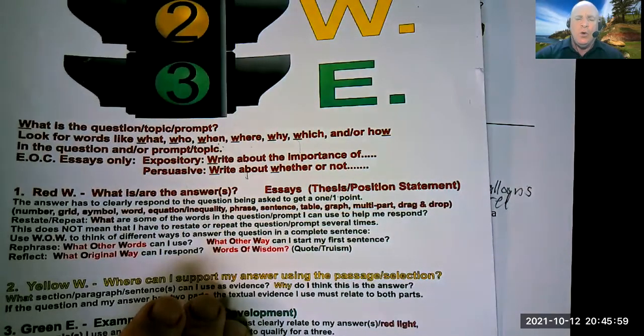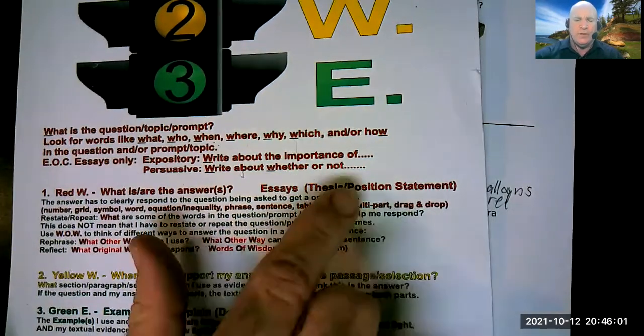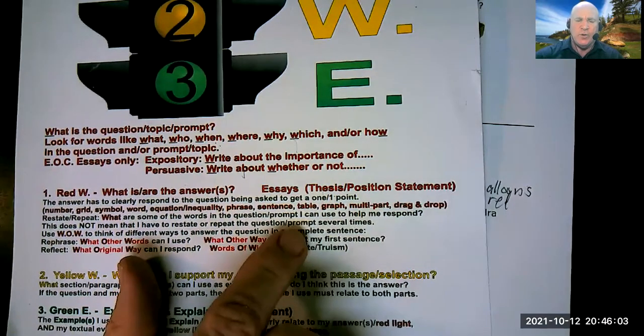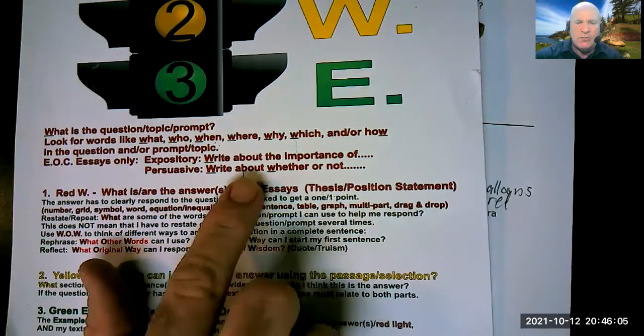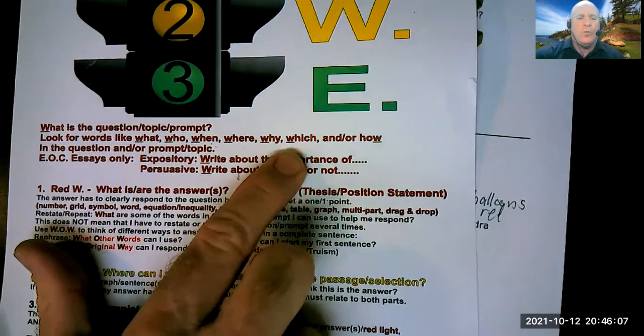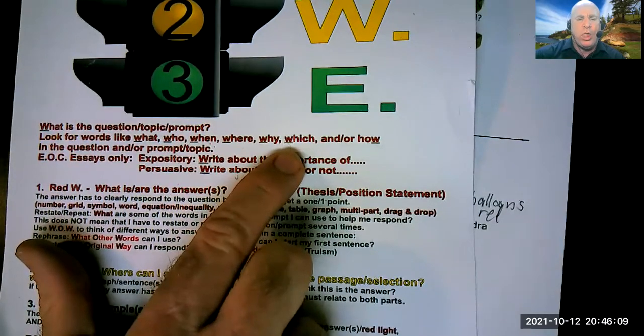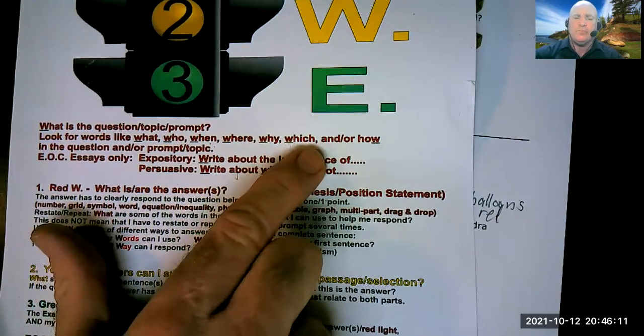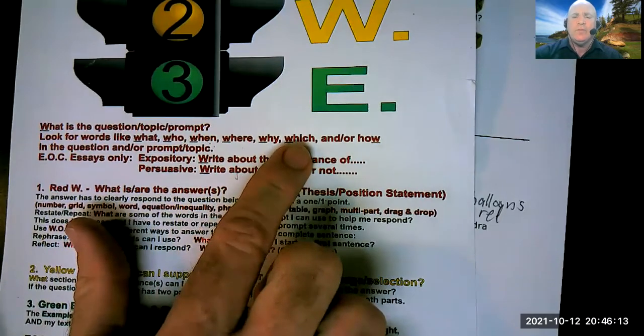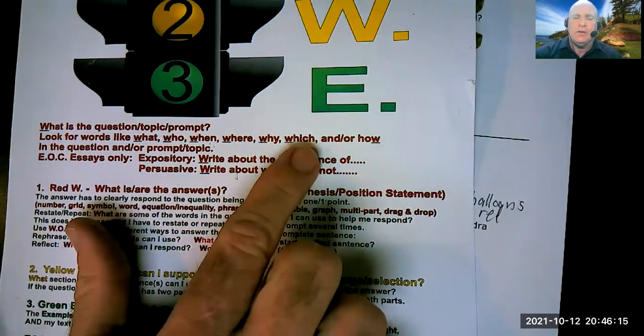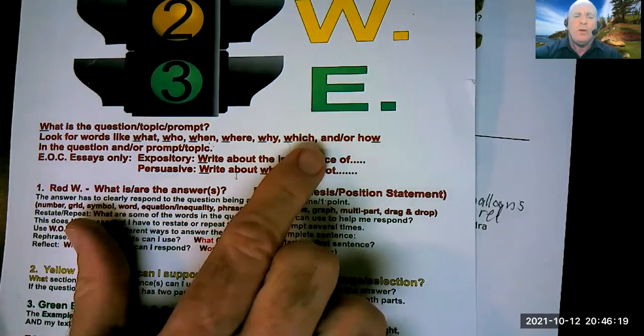And so which is the key word in the question, which you can see right there. Who, what, when, where, why, which, and how. Even though it's going to be field tested in February with just some schools, we want to practice.